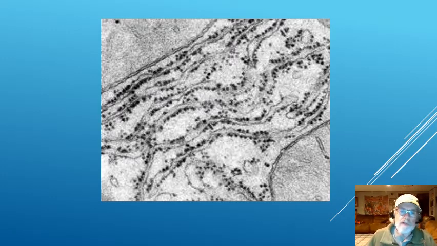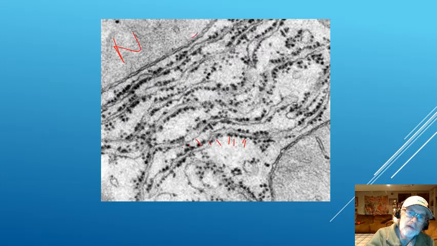This is actually a picture of rough endoplasmic reticulum. Now, see all those little black dots? If we draw those little dots, they're all over the place. These are all ribosomes, and they're on these channels, or this highway, or these strands that are throughout the cytoplasm, and that's called the rough endoplasmic reticulum. This up here is the nucleus right here.